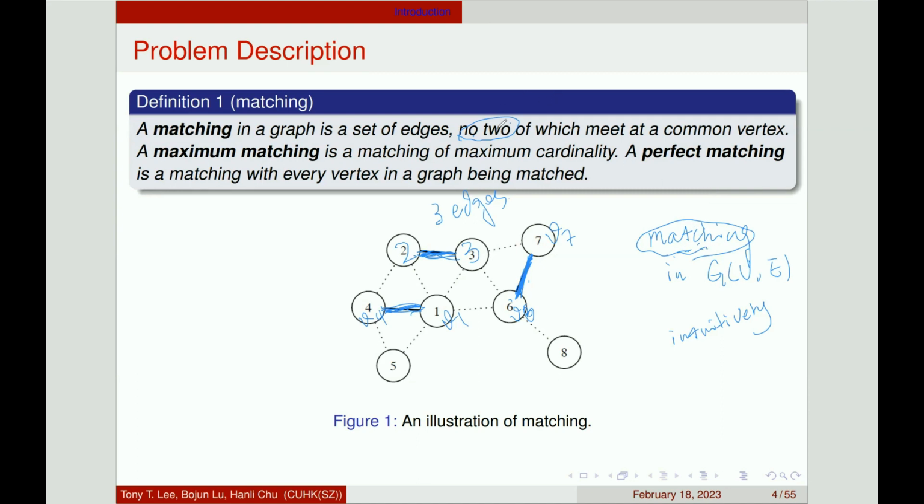And mathematically, we just say a matching in a graph is a subset of capital E, the set of edges, okay? And we have some requirements.